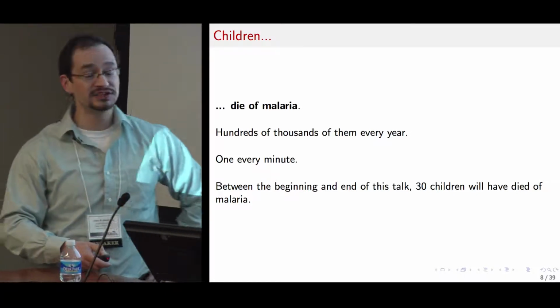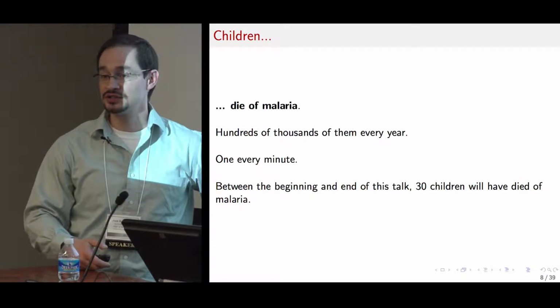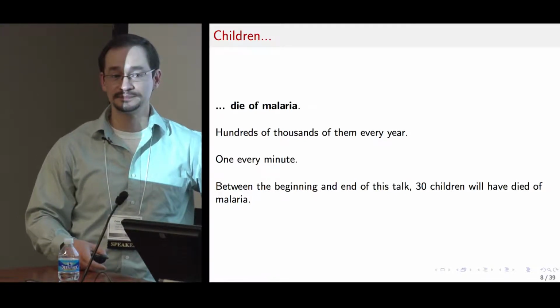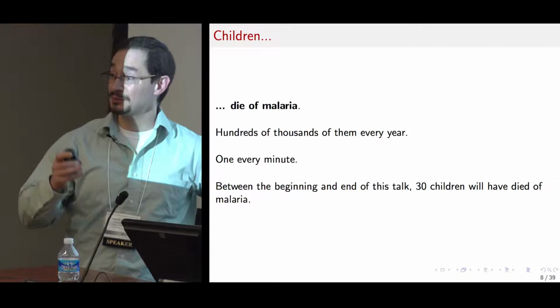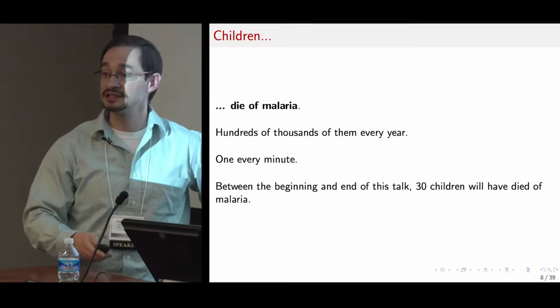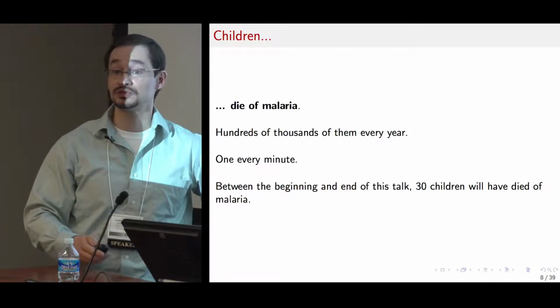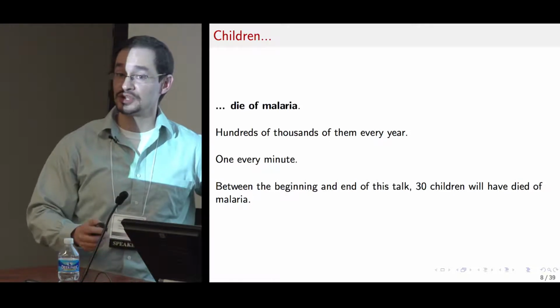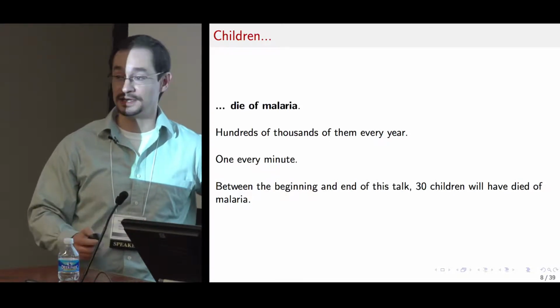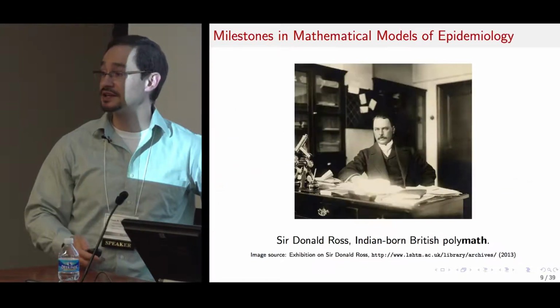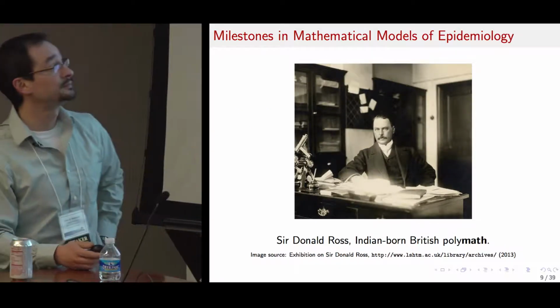Unfortunately, by the time we finish, 30 children would have died of malaria. By the time I finish my talk. So this is an ongoing tragedy that we just have to stop. That's why the isomers and MAPIC are so important. We expect to be able to provide some insight into a possible solution.